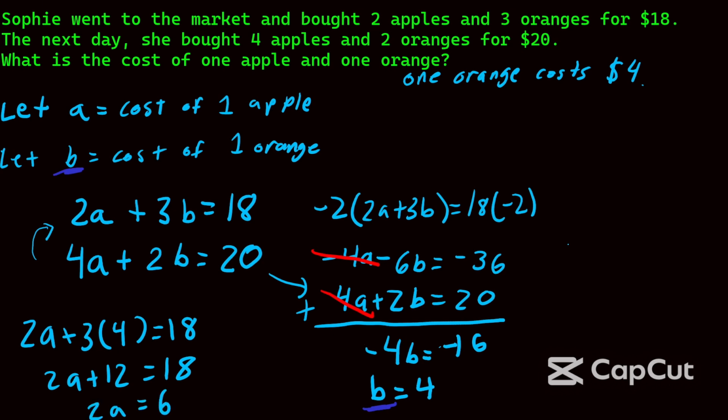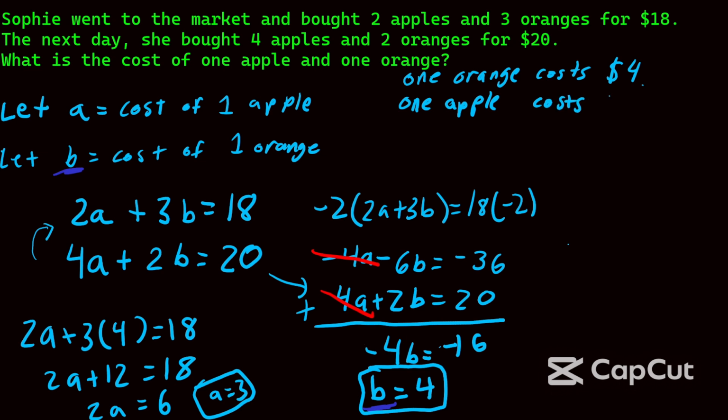A equals 3. Sorry, this is a little bit messy, but a equals 3 and b equals 4. So we can show our answers. But that just means that 1 apple costs $3. All right, and there's our answer.